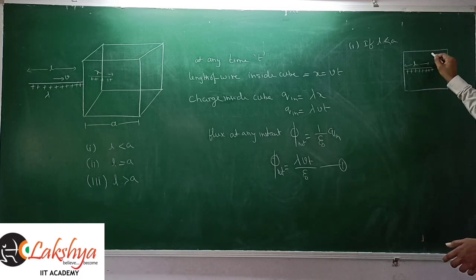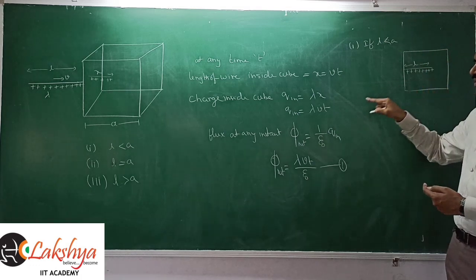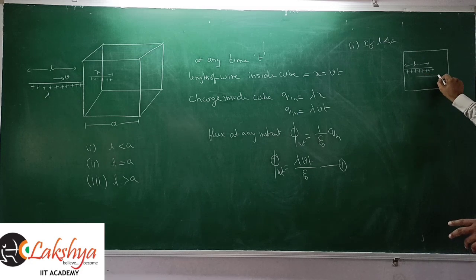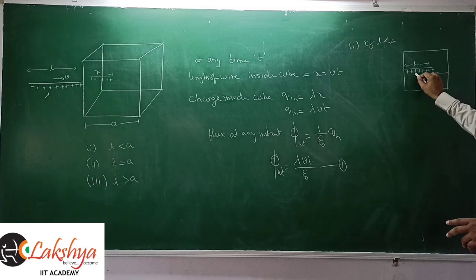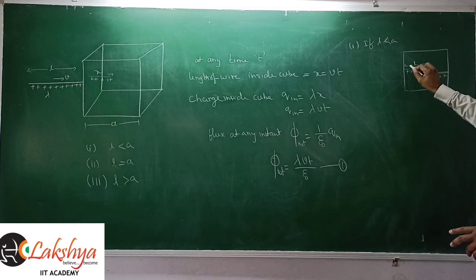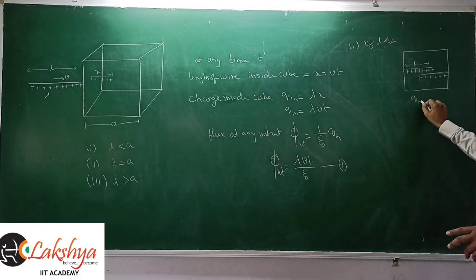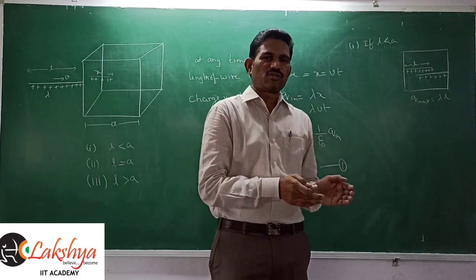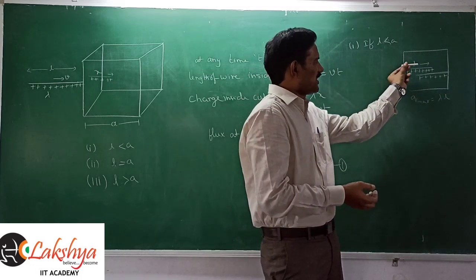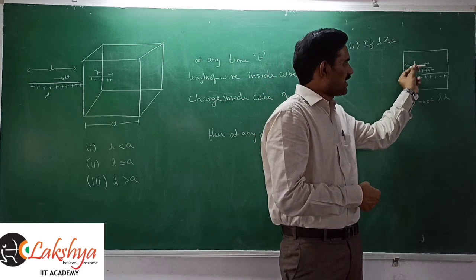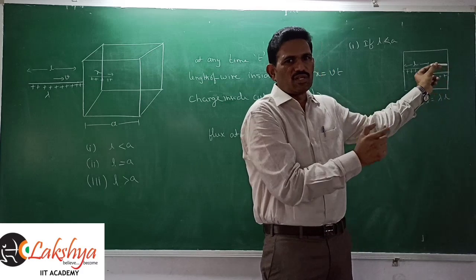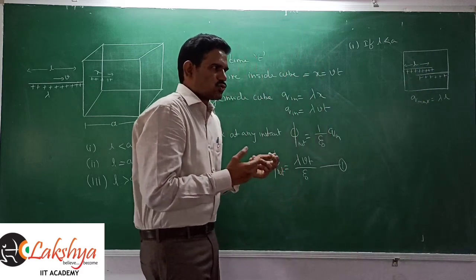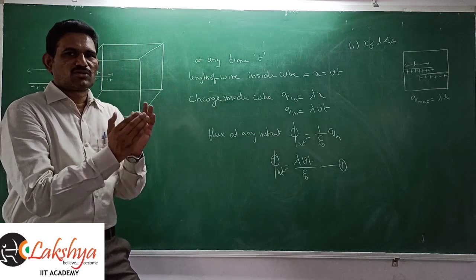So the charge present in the cube in this case will be lambda into L, right? And that charge will remain constant until this later instant. From this instant to this instant, the charge enclosed will be at its maximum, equal to lambda L. For that period, the charge inside the cube remains the same when L is less than A, equal to lambda L, and so the flux passing through the cube will remain constant.